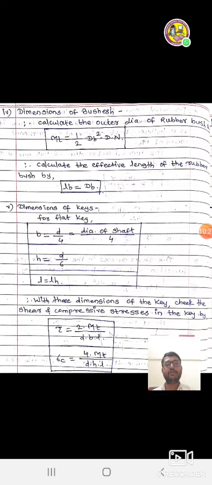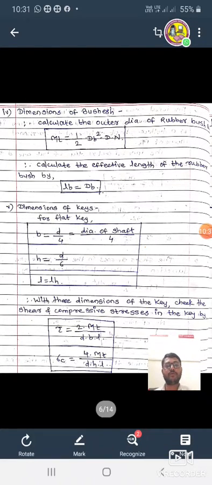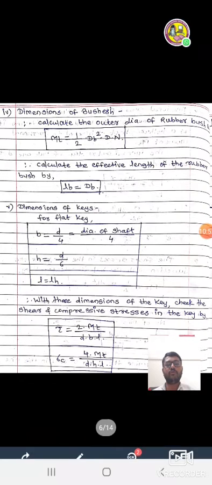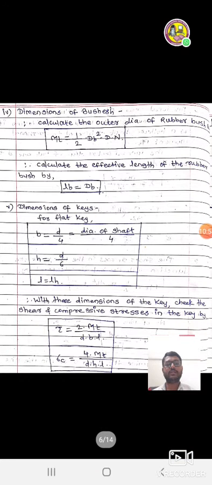Dimensions of keys: for a flat key use width b equal to d by 4, that is diameter of shaft by 4, height h equal to d by 6, and length l equal to length of hub. With these dimensions of the key, check the shear and compressive stresses in the key by using the equations shear stress tau equal to 2 Mt upon d b l and sigma c equal to 4 Mt upon d h l.